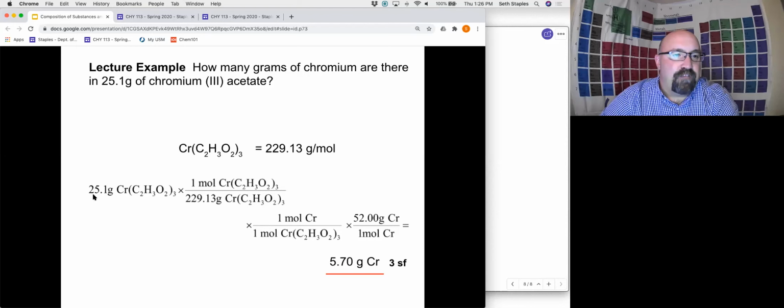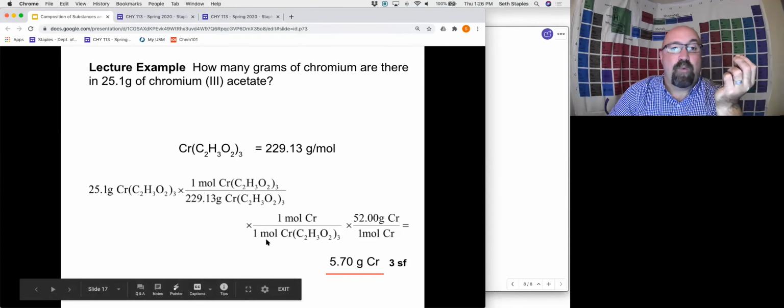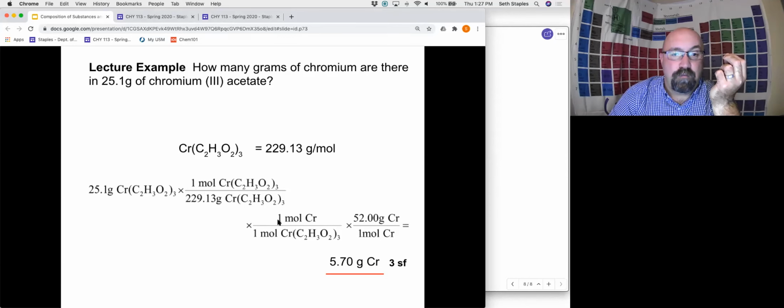So then we're going to take our 25.1 grams of chromium, and we're going to then multiply that by our molar mass of chromium acetate. But we want to know here just how many grams of chromium there are. And so the other important conversion factor to note is that for every 1 molecule of chromium acetate, we have 1 molecule of chromium, which means that for every 1 mole of chromium acetate, we have 1 mole of chromium.